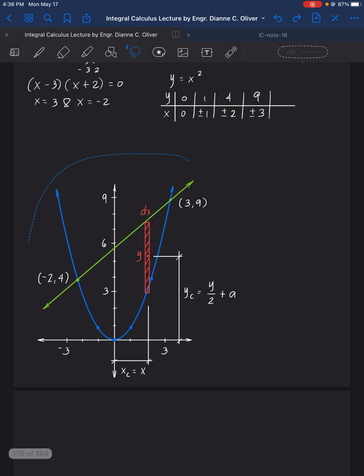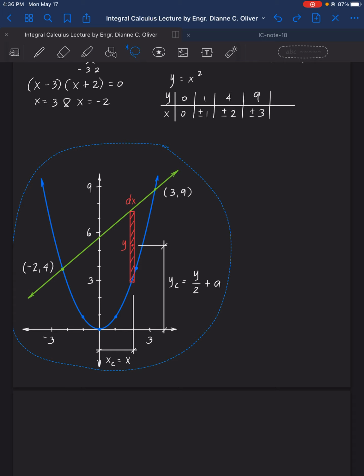Okay. Again, let's compute first for the area. To get the area of this figure here, let's use this space here. We have dA, so we will be using here the vertical area strip. Now again, why vertical area strip?